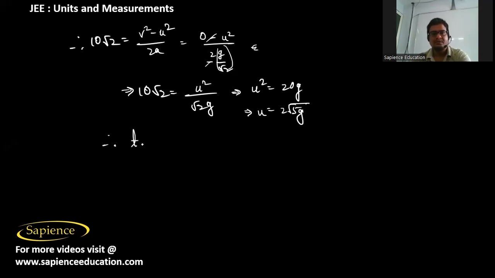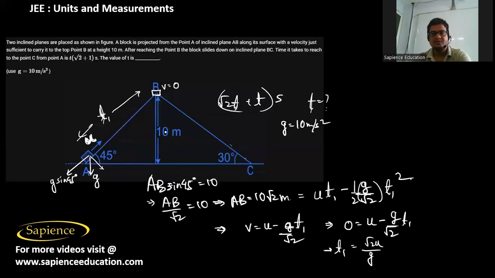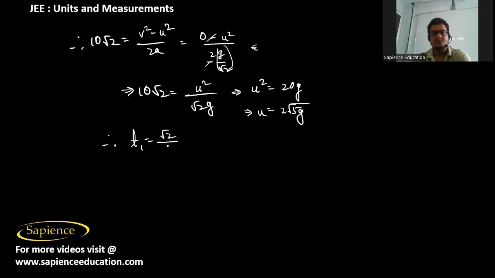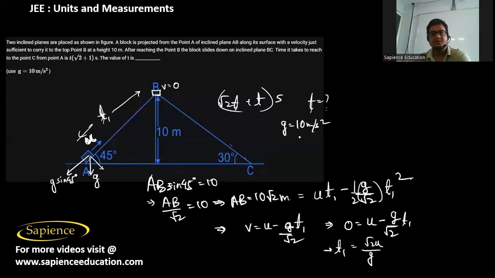Therefore T1 equals root over 2 by G into U, which is 2 root 5G. So it is 2 root 10 by root G. We can take G as 10, so root 10 will cancel. So T1 is 2 seconds.